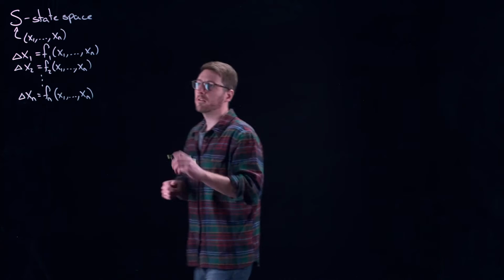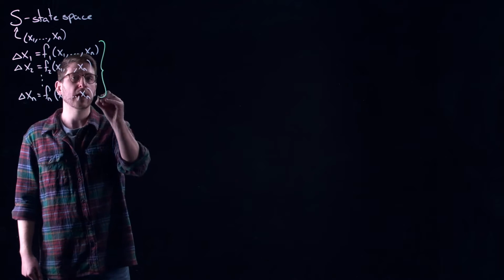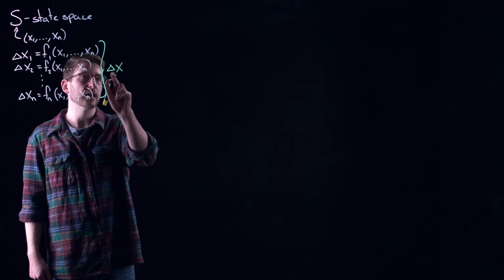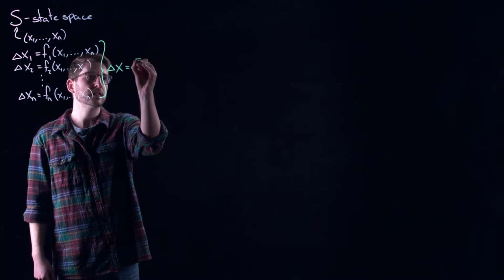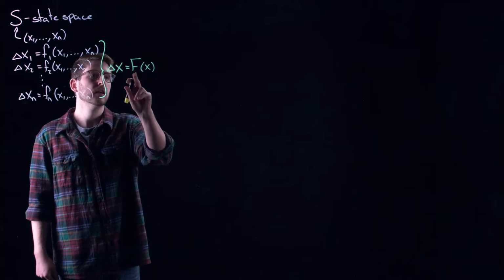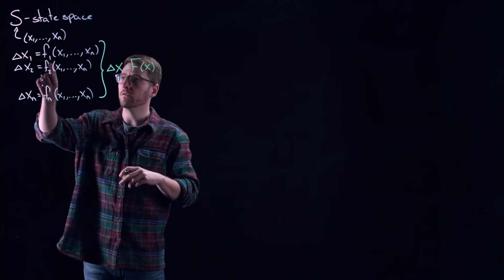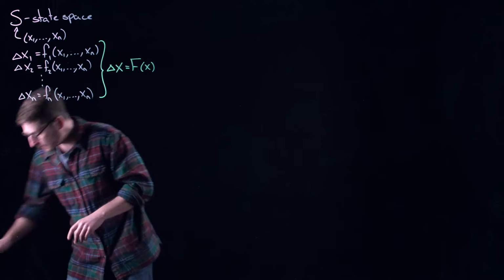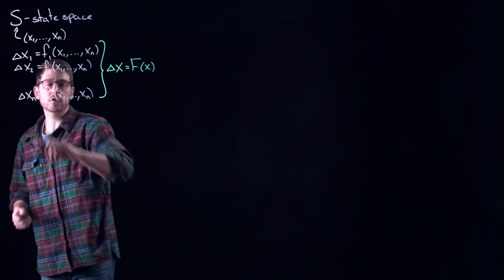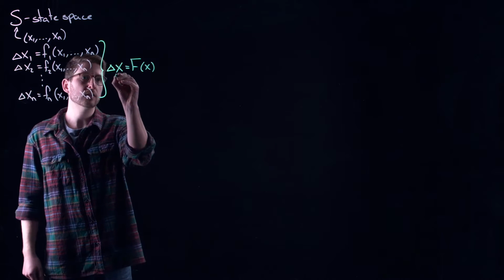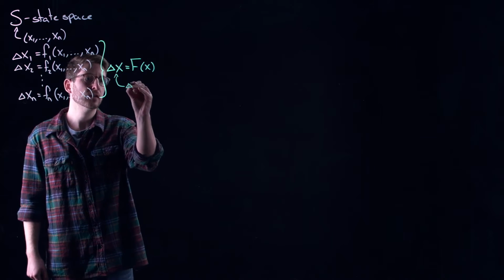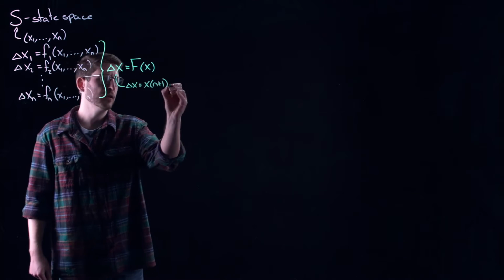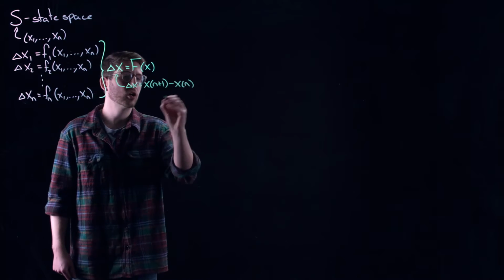Now, typically we write this in vector notation. We don't like to have to keep writing all of these equations. We like to write it as just delta x is equal to, let's call it capital F of x. F would be your vector of all of your functions, f1, f2, f3, all the way to fn. Delta x, that is just the change of each one of these things. And what this really represents is your value at your next time step minus your current time step.